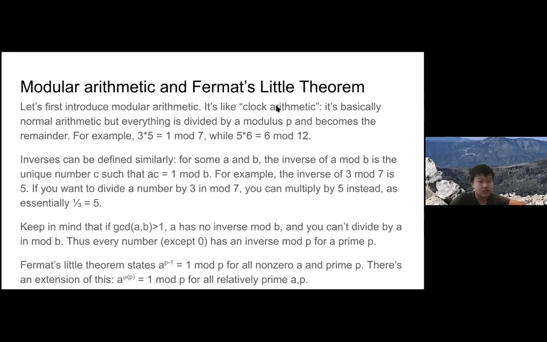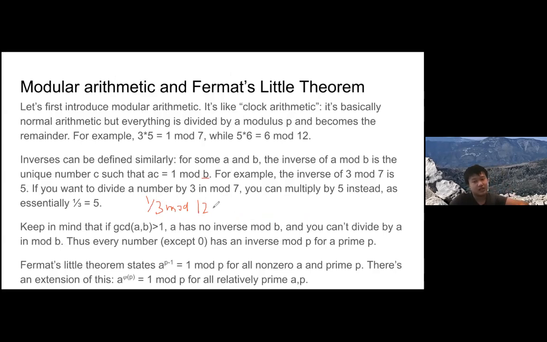Inverses aren't always defined actually. They're only defined if the number that you want the inverse of is relatively prime to the modulus, as in the number you take the mod of. So for example, the inverse of 3 mod 12 doesn't exist because the greatest common divisor of 3 and 12 is greater than 1.